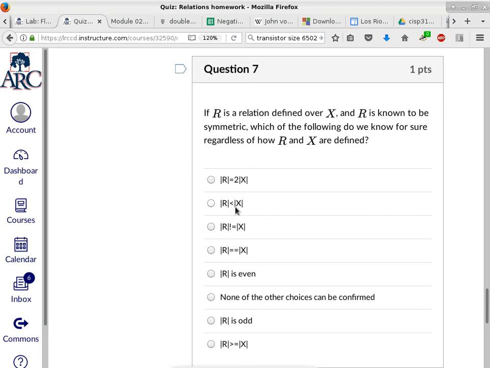Nope. Not equal to? Nope. Equal to? Nope. Even? Nope. Odd? Nope. Greater than or equal to? Nope. Okay, well, we don't have a choice this time. It is one of those cases where none of the other choices apply. It had to be the last one.